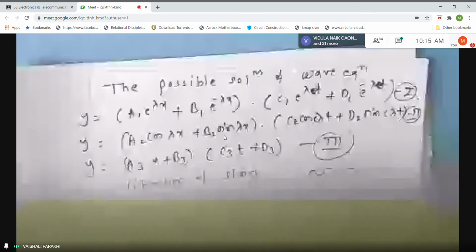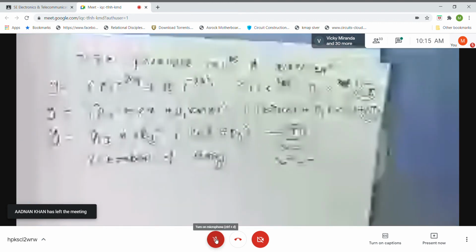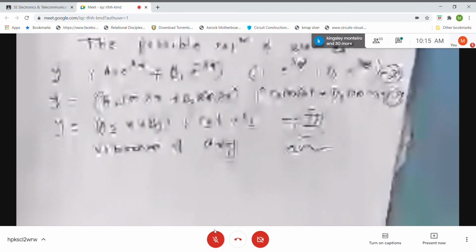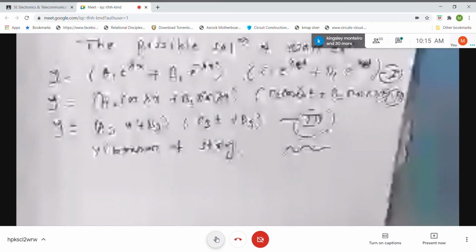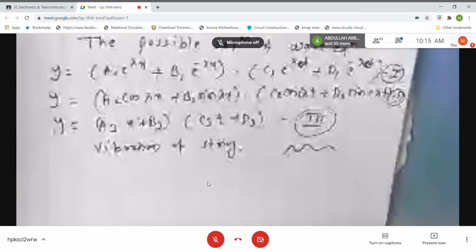Can you tell me which will be the solution? Anybody, you can put in chat box. 1, 2, 3. Second one. Why? Can you reason? Why second one? Sine and cos. Very good.